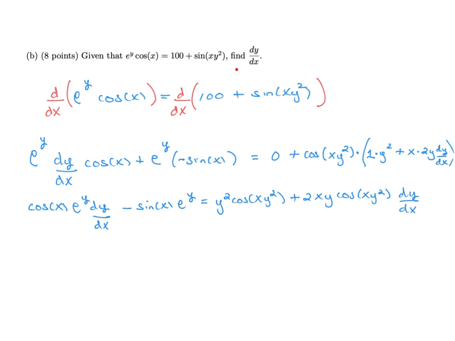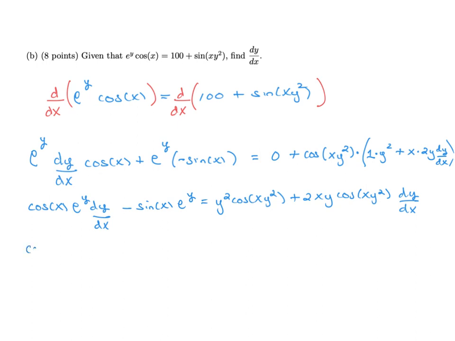The trick for finding dy/dx, isolating it, we're going to put everything with a dy/dx on, let's say, the left side of this equation, and everything that doesn't on the other side. So essentially, I'm going to subtract this here, and I'm going to add this here. I'm going to do that all in a single step.